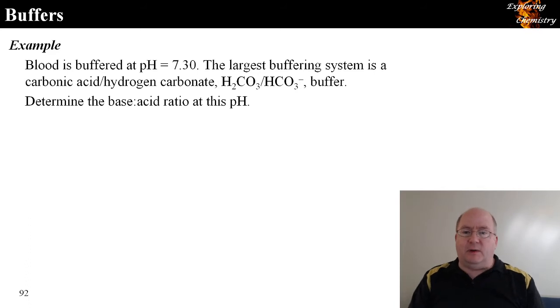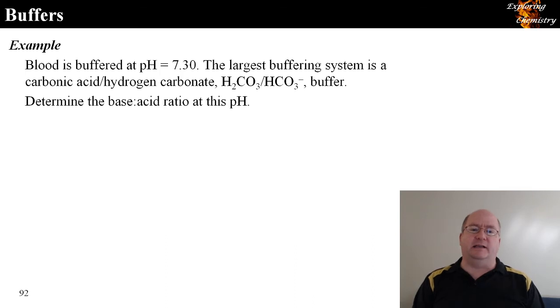The next example I want to look at is this one. Just let me know how the audio quality does. We have blood which is buffered at around a pH of 7.3. The buffering system is carbonic acid hydrogen carbonate. We have the ability to readily control the carbonic acid hydrogen carbonate buffer because we breathe, and we can control the amount of carbonic acid by regulating how much CO2 we retain in our bodies.